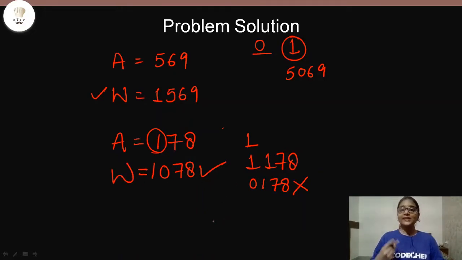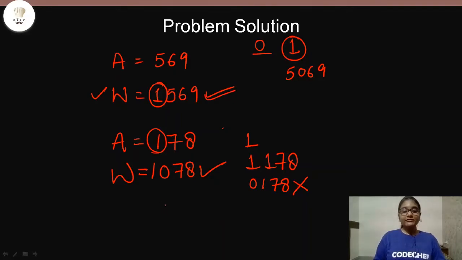So you see that there are two conditions in this question. The first condition is that if the first digit is any digit except 0 and 1, so if the first digit is any other digit from 2 to 9, then we will place a 1 in the first place, and this will form the smallest number w that we will need.